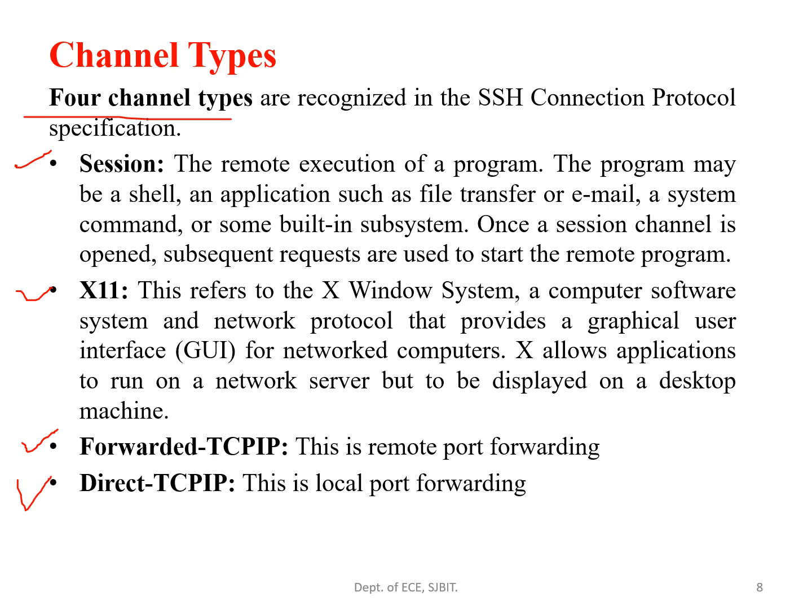These are the four channel types that we are going to use in Secure Shell. First one is session. In the session, the remote execution of a program will happen. The program may be a shell or an application such as file transfer or email, using a system command or some built-in subsystem.